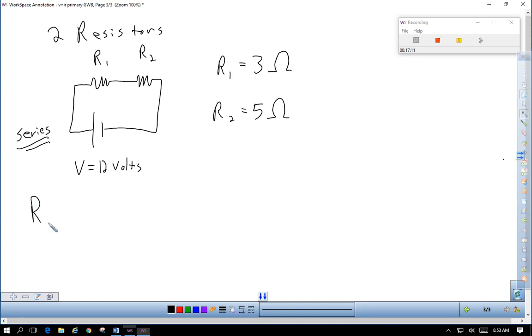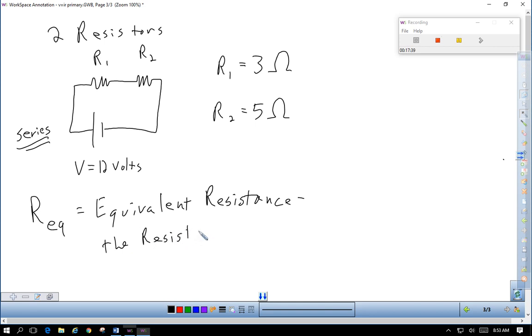The resistance for the total circuit is what's called the equivalent resistance. And the equivalent resistance is the resistance for the whole circuit.